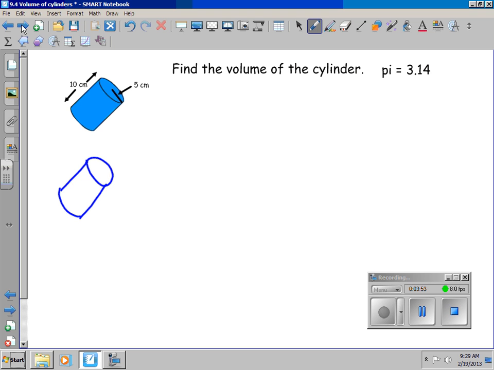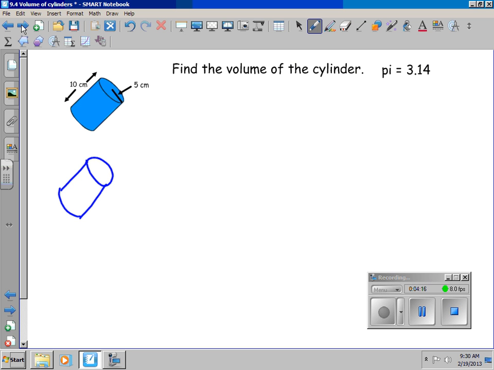Okay. All right. So we have a cylinder. We need to find the volume, and look, I give you a value for pi. All right. So where should we start? Mason? We need to find out the radius. We have a formula to guide us, isn't it? How do we get?